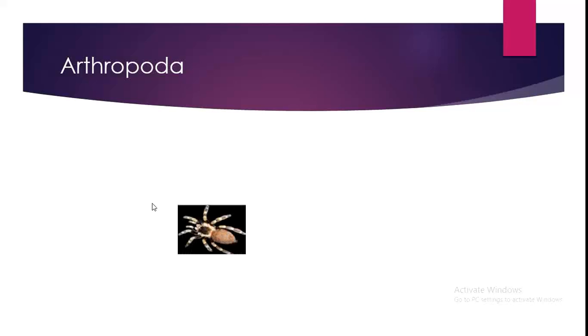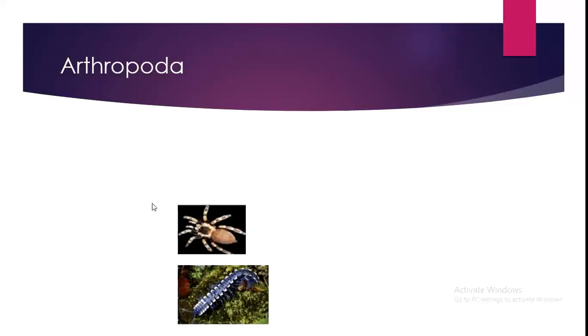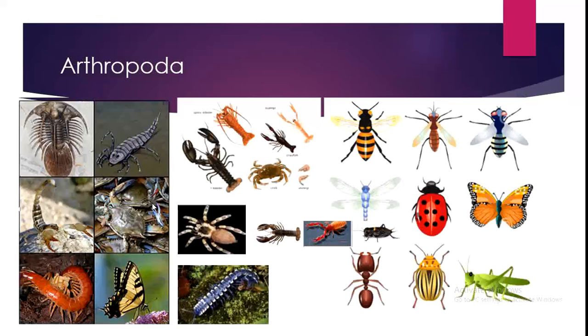The examples are spiders, millipedes, centipedes, bees, butterflies, cricket, mosquito, scorpion, crab, prawn, barnacle. There are so many varieties. Ants, grasshoppers, flies.